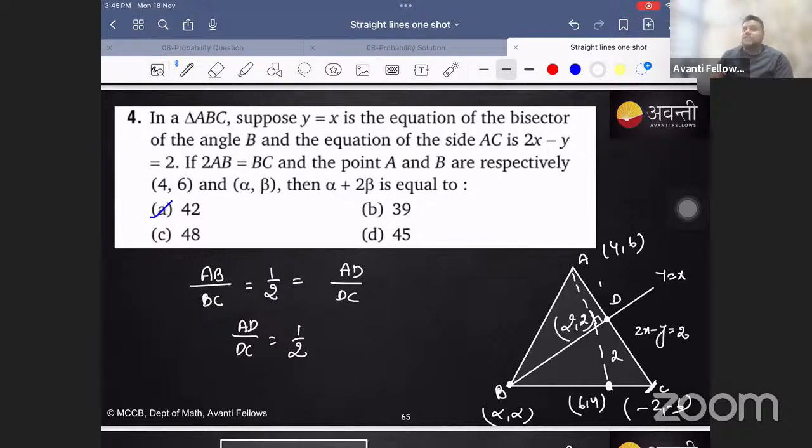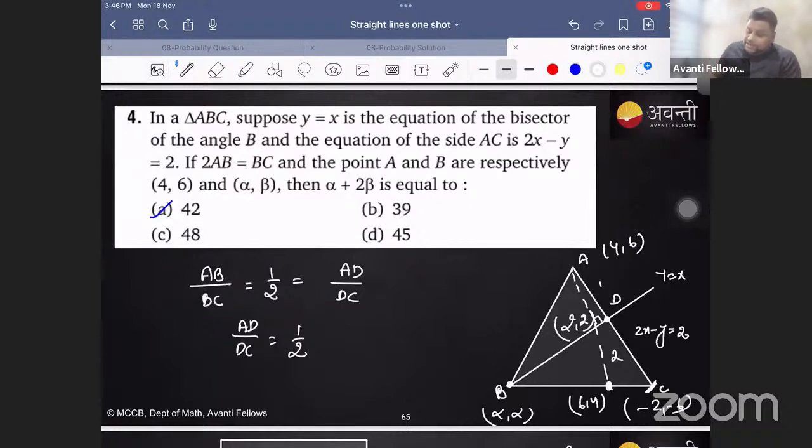All right. Now see, I'm using three properties here. One property I have used is that the angle bisector divides the opposite side in the ratio of the sides containing the angle.